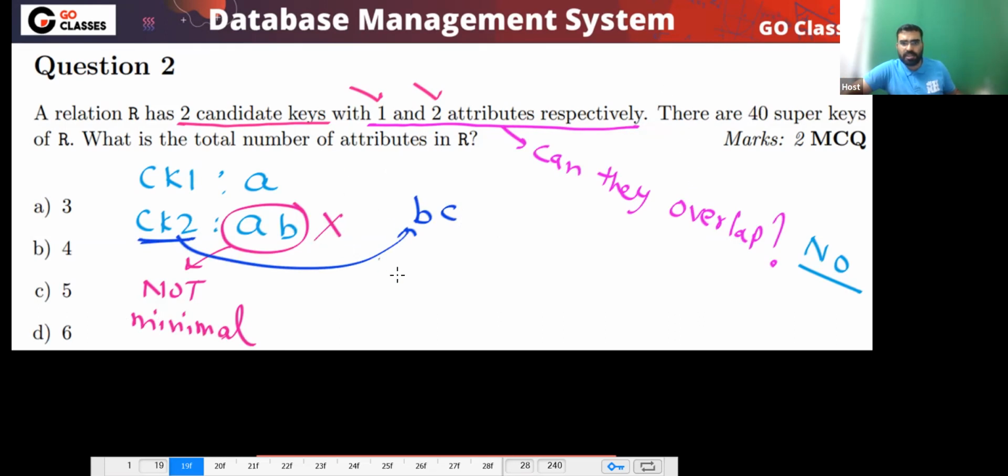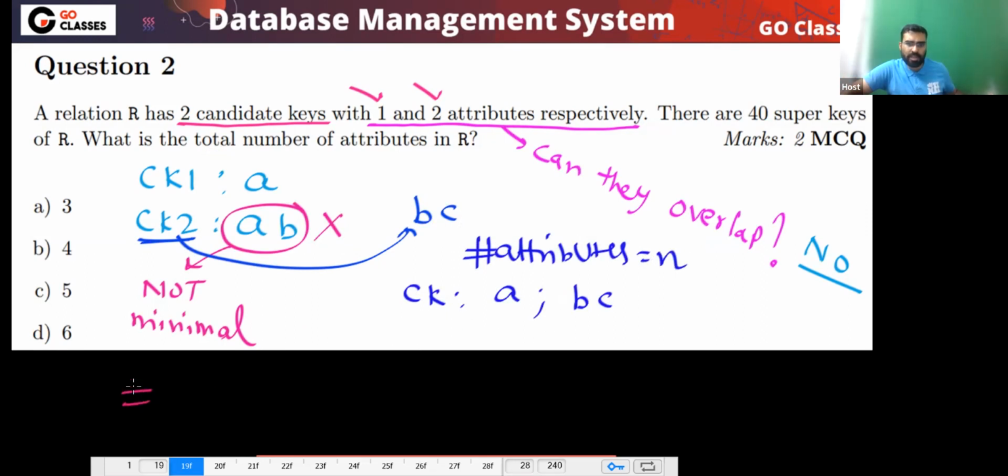There are 40 super keys. If you have these candidate keys, and let's assume the number of attributes is n, then what will be the number of super keys? Super keys containing A will be 2 power n minus 1.